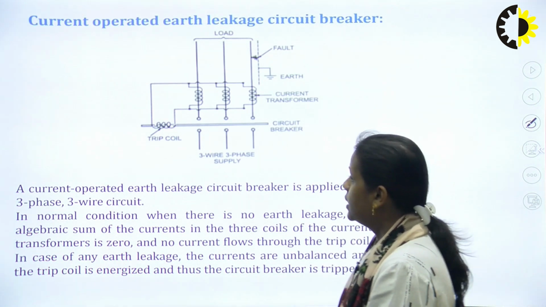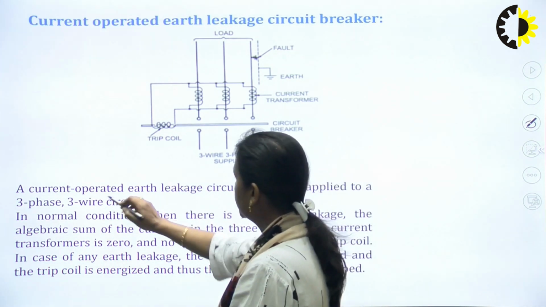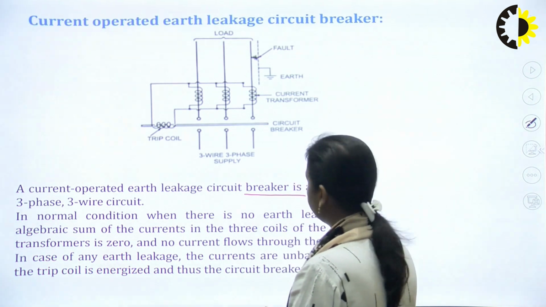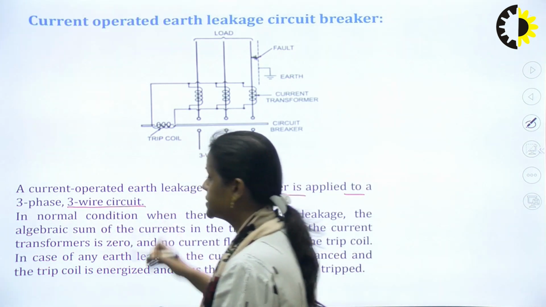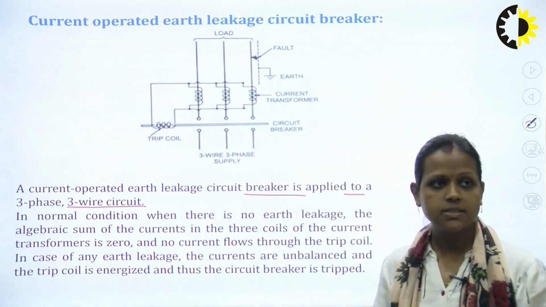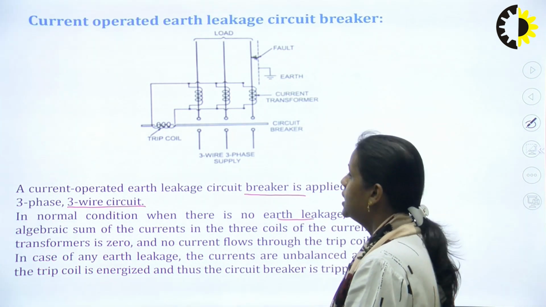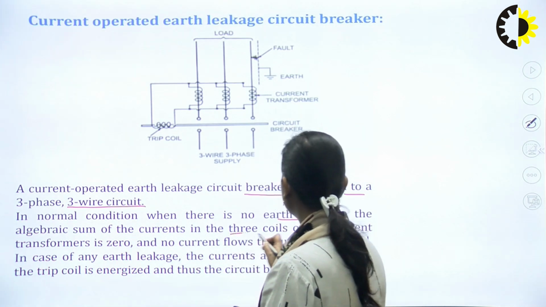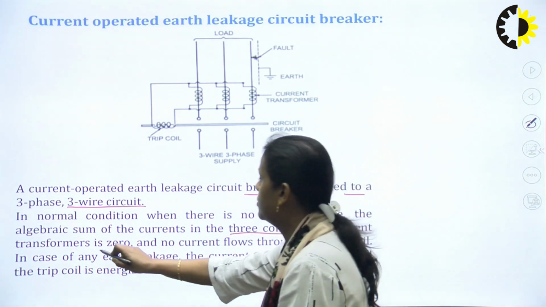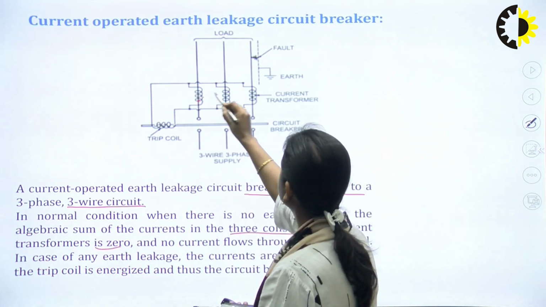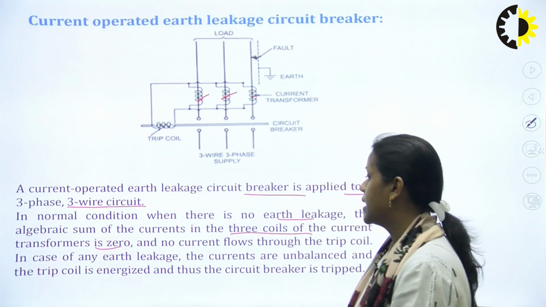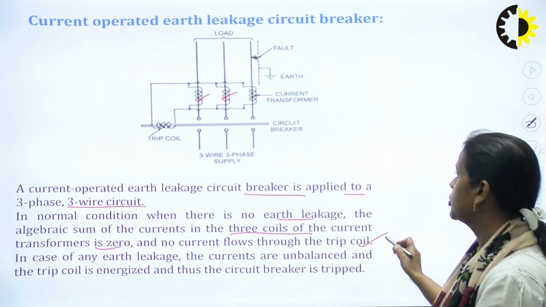Here the current operated earth leakage circuit breaker is applied to a 3-phase 3-wire circuit. In normal condition, when there is no earth leakage, the algebraic sum of the current in the 3 coils of the current transformer is 0. Here we can see 3 coils, and no current flows through the trip coil.